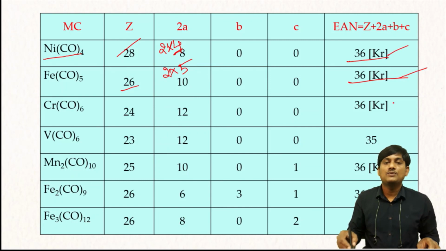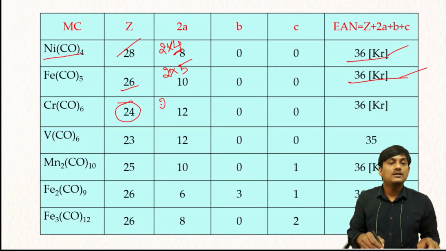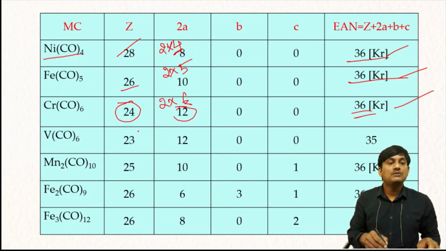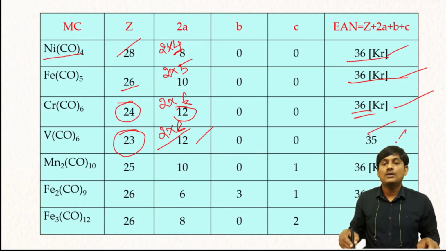This one is stable, this one is stable. And Cr(CO)6, Z is 24, and it is 2 into 6, 12, and 0, 0, it will be 36. This one also is stable. V(CO)6, 23, and 2 into 6, 12, and 0, 0, 35. According to the effective atomic number rule, this one is unstable.